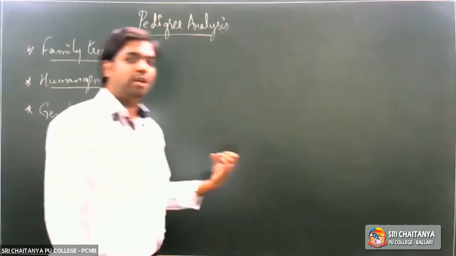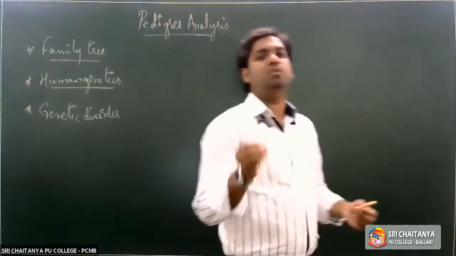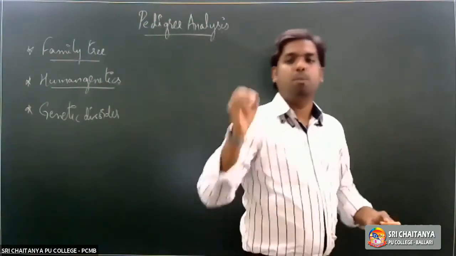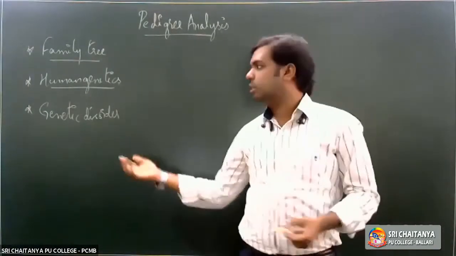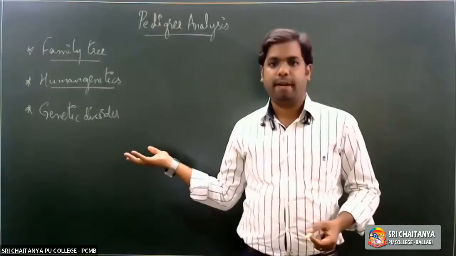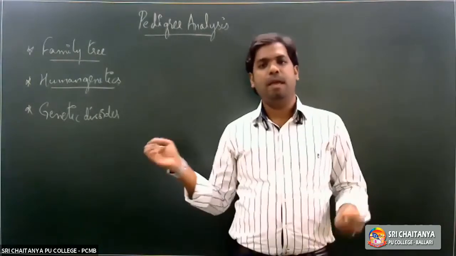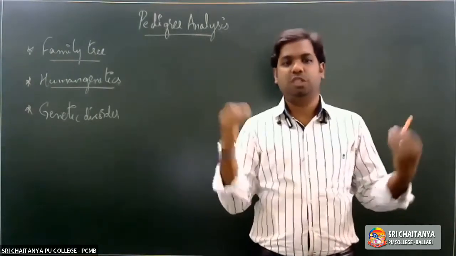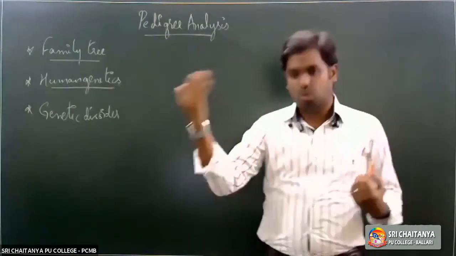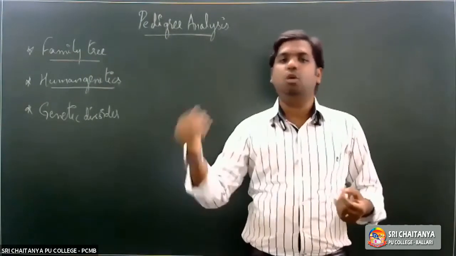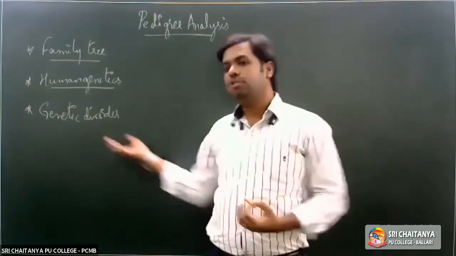What does genetic disorder mean? Any disease which is seen as a result of mutation in chromosomes or mutation in genes, we call a genetic disorder.